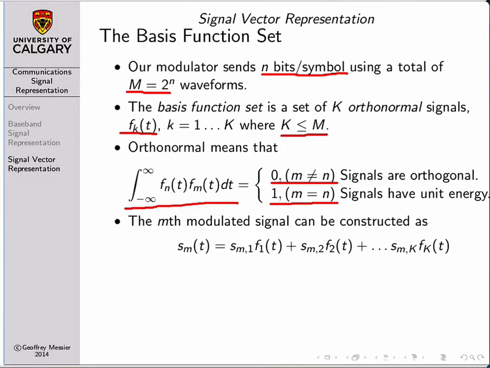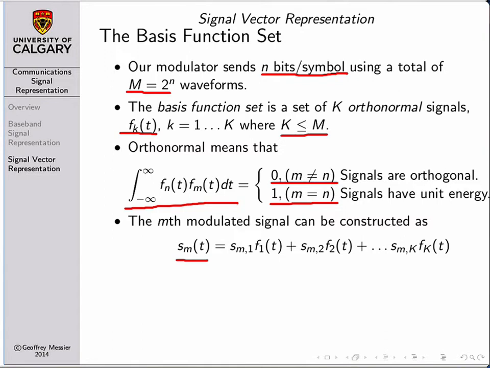And how do we use these orthonormal basis function signals? Well, basically, every signal created by our modulator, every sort of information-bearing signal, can be created by adding a different combination of these basis function signals together. And that's what we denote with the last equation on this slide. So essentially, each modulated signal, Sm, is a linear combination of the basis function signals.